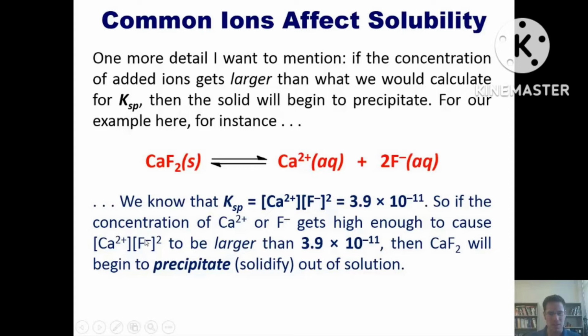We know that in general the salt is MX, capital M, capital X, M plus, X minus. M plus is cation, X minus is anion. MX is the salt. Then KSP is equal to molar concentration of M plus into molar concentration of X minus. This is the KSP.